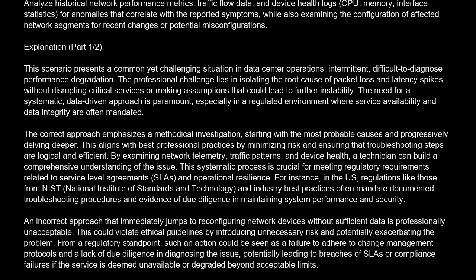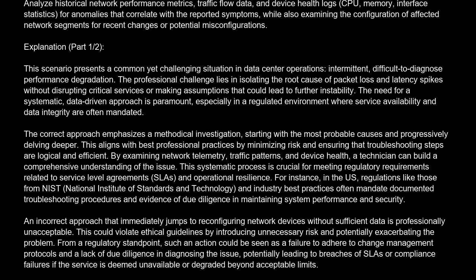For instance, in the U.S., regulations like those from NIST, the National Institute of Standards and Technology, and industry best practices often mandate documented troubleshooting procedures and evidence of due diligence in maintaining system performance and security. An incorrect approach that immediately jumps to reconfiguring network devices without sufficient data is professionally unacceptable.